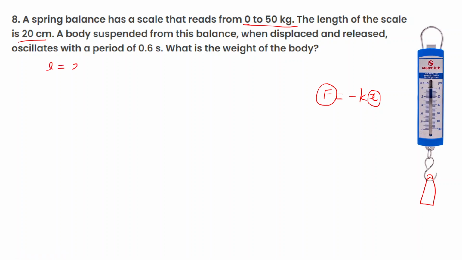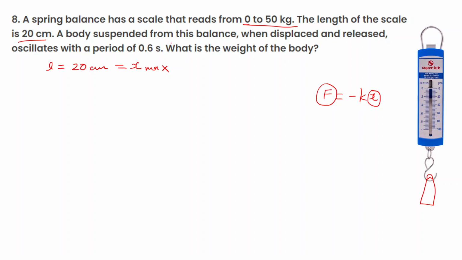That means the maximum displacement, the maximum x value, can be 20 centimeter, and the maximum mass it can take is 50 kg. A body suspended from this, when displaced and released, oscillates with a period of 0.6 seconds.